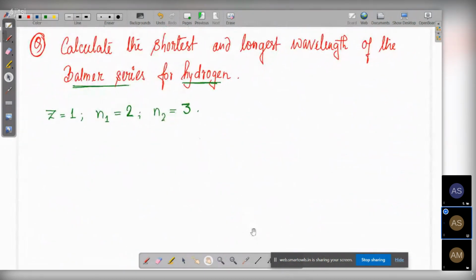And longest means the alpha line, the immediately next one. The alpha line is the longest. So this is for the longest transition. Or let's do the shortest one first. Shortest wave.